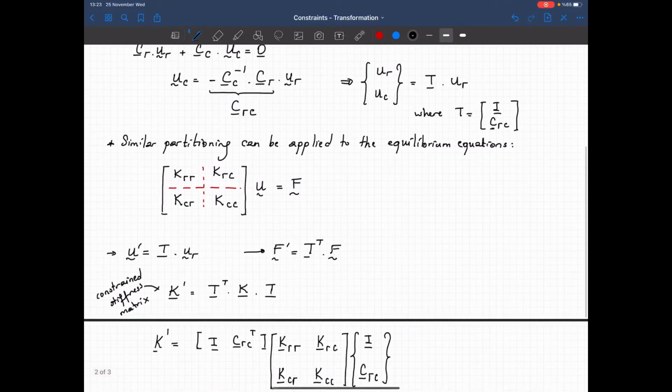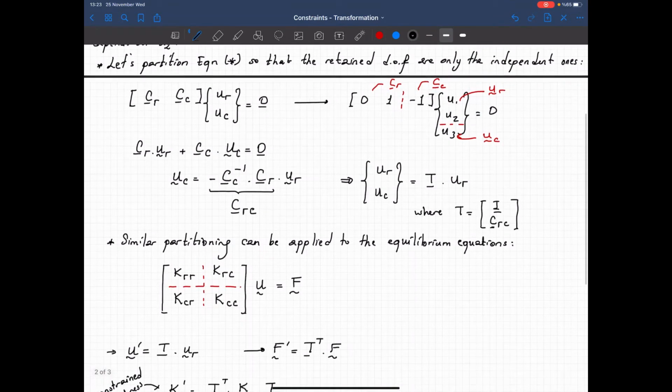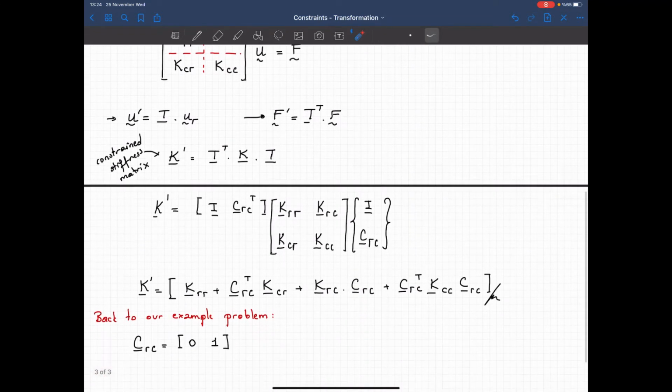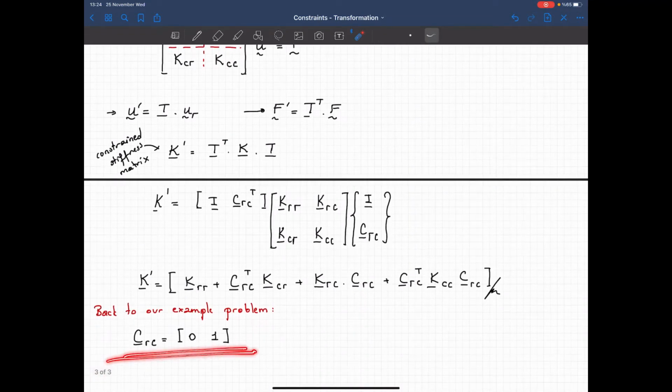Let's come back here. In our case, CC is equal to -1. Okay, so CC inverse times CR, I have minus here, will give me the same CRC matrix as follows. Now let's write the K matrix here.